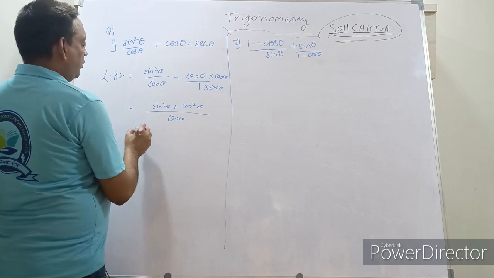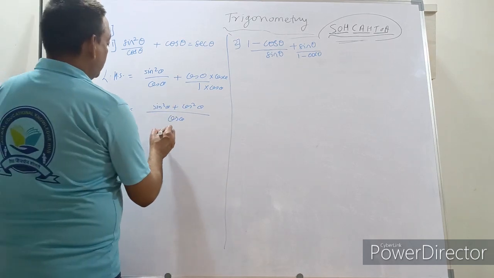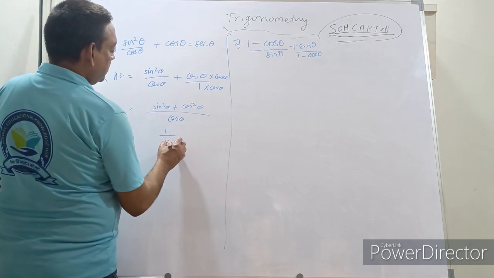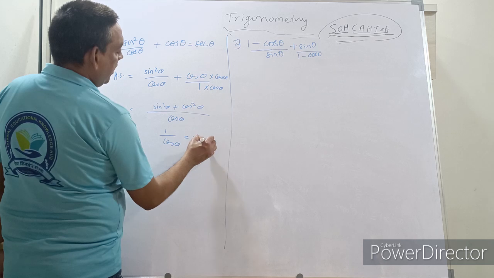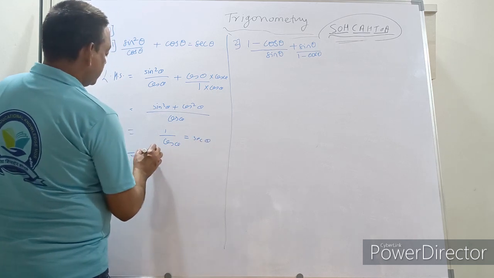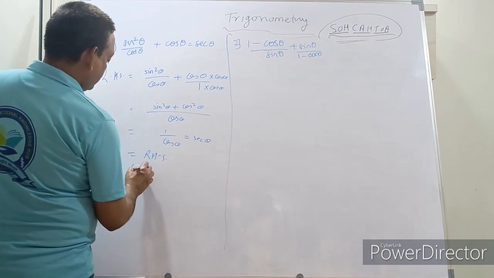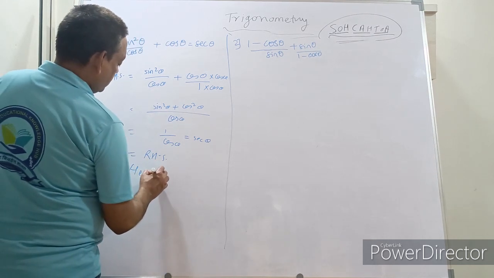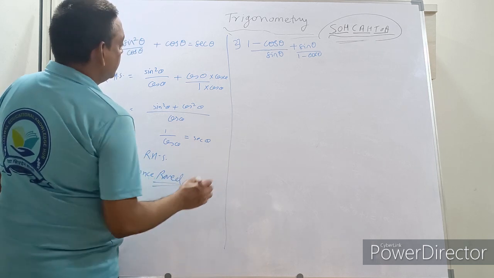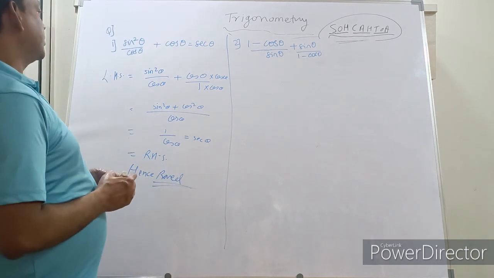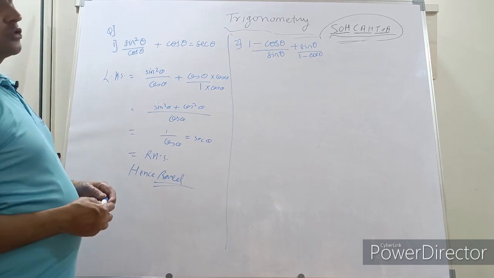Now what is sine square theta plus cos square theta? That will be 1, and 1 upon cos theta. 1 upon cos is nothing but sec theta, that is same as our RHS, hence proved. Simple. So if you know the basic formulas, you can easily solve step by step and you'll get the answer.